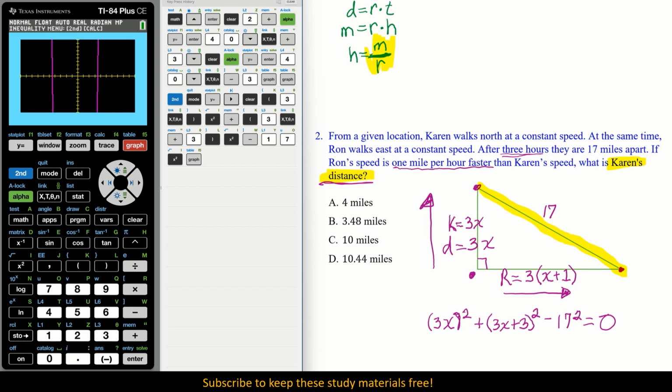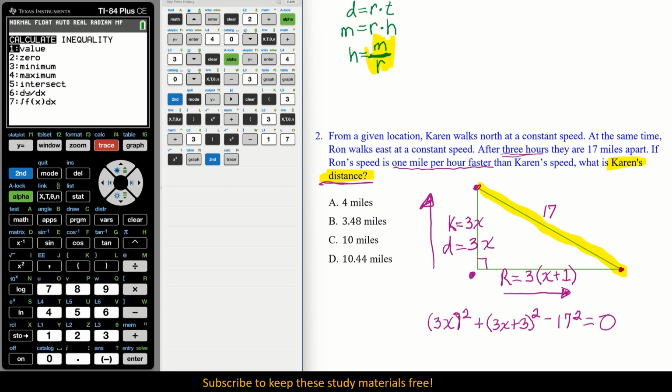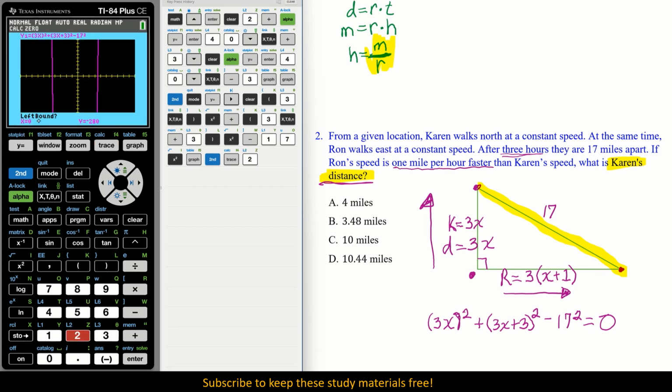Okay, well, let's see what we get here. Let's use second calculate, and we need number 2. Okay, and it wants a left bound and a right bound. Okay, our left bound, let's say that equals, well, let's just type it in. Let's say it equals 2.